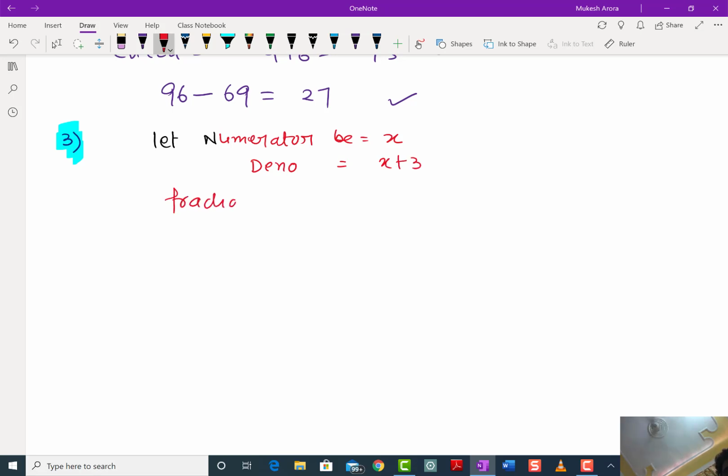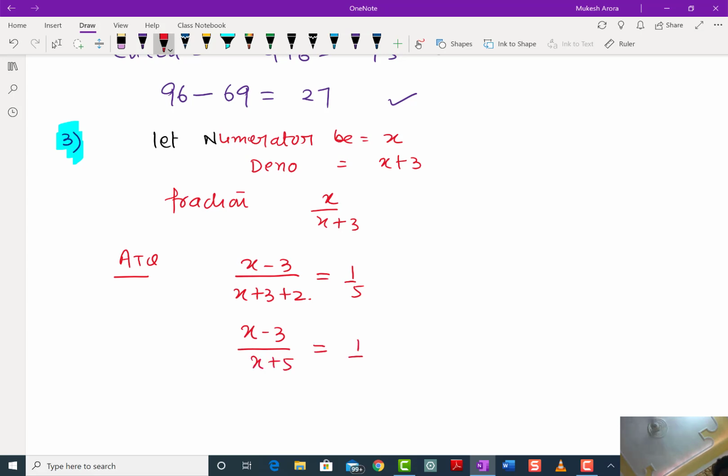Fraction will be x upon x plus 3. If 3 is subtracted from the numerator and 2 is added to the denominator, the fraction becomes 1 by 5. So x minus 3 over x plus 5 is equal to 1 by 5.